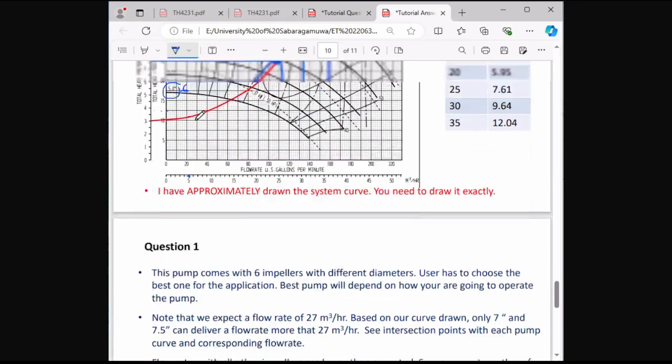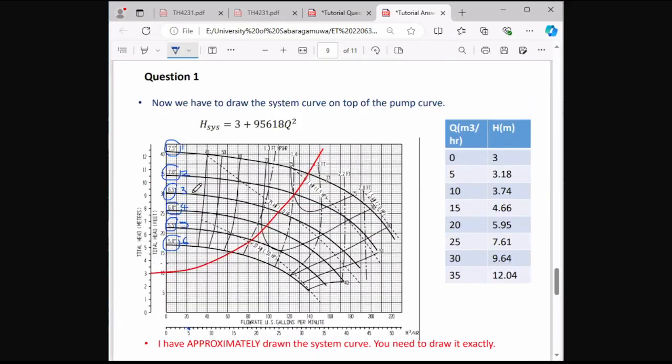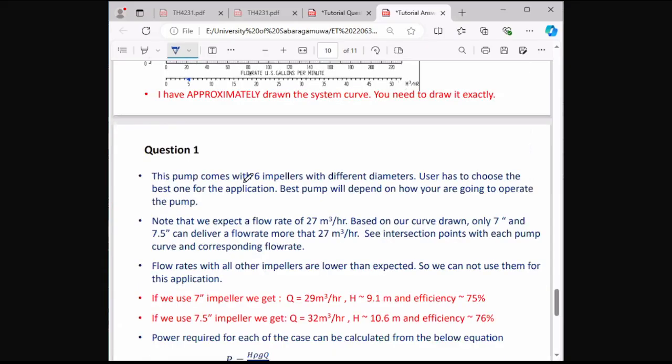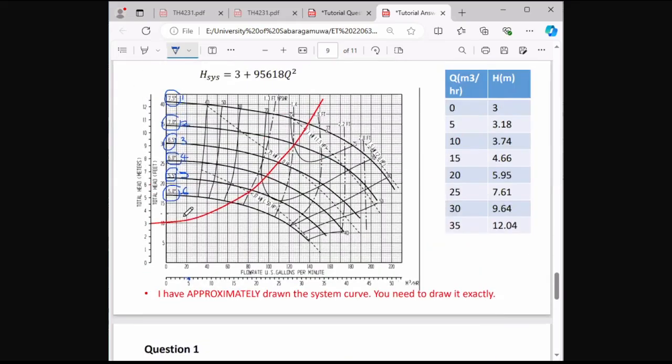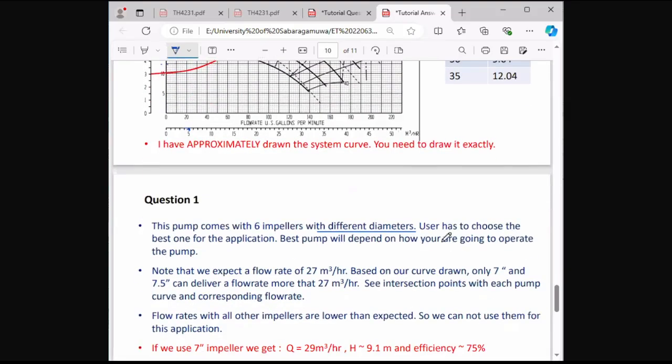Likewise, you can identify impeller diameters using the given diagram. Then this pump comes with six impellers with different diameters, and the user has to choose the best one for the application. The best pump will depend on how you are going to operate the pump.